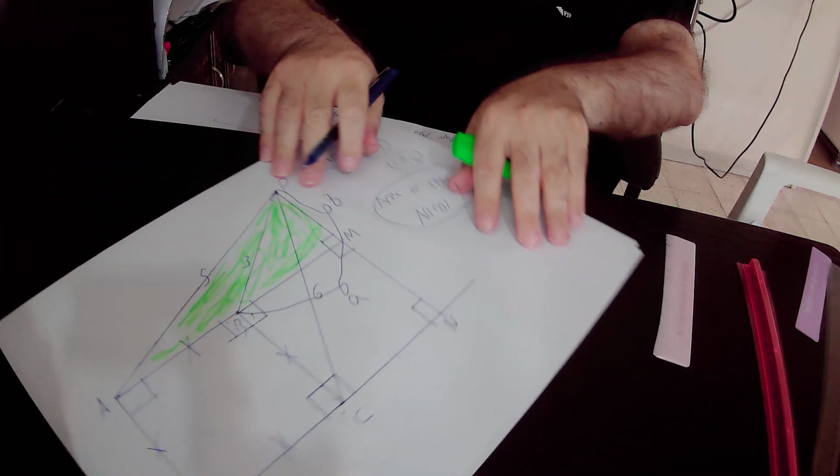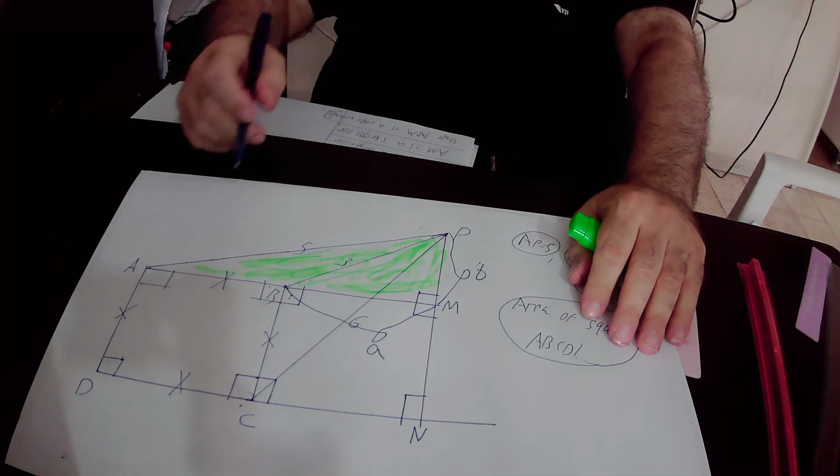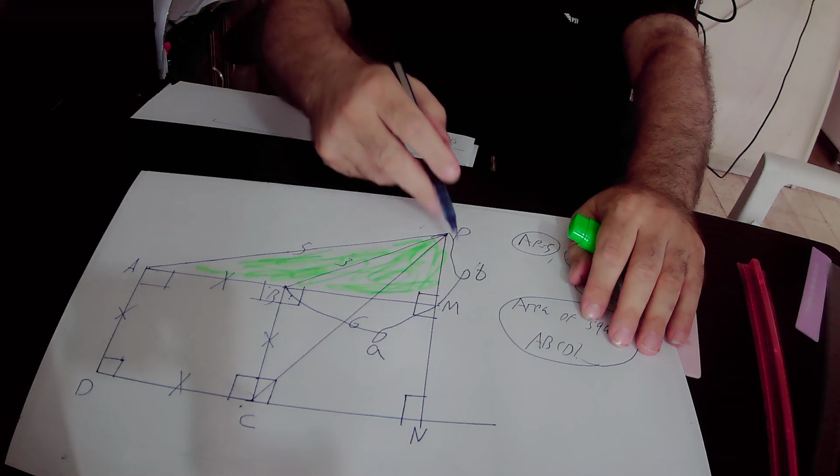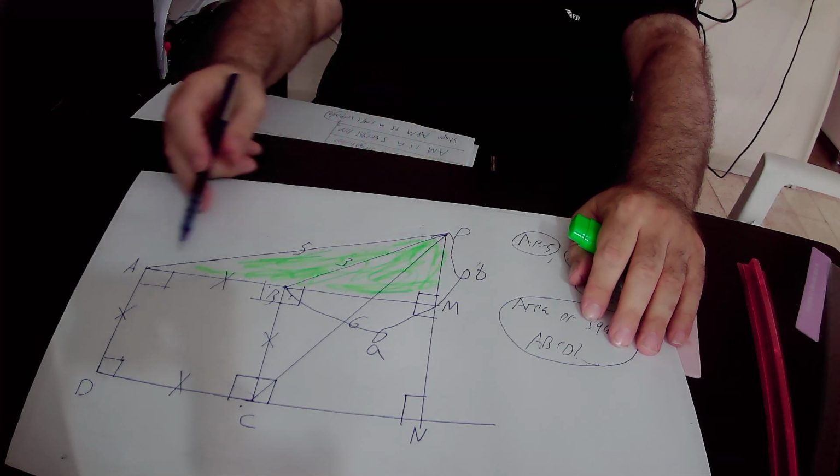So here, according to the Pythagoras theorem, in the green triangle APM, AP square equals BM square plus AM square.